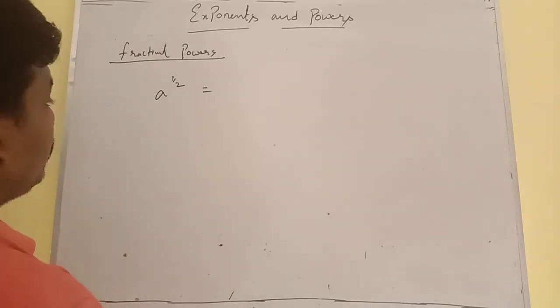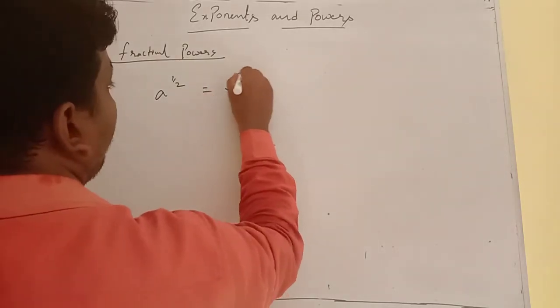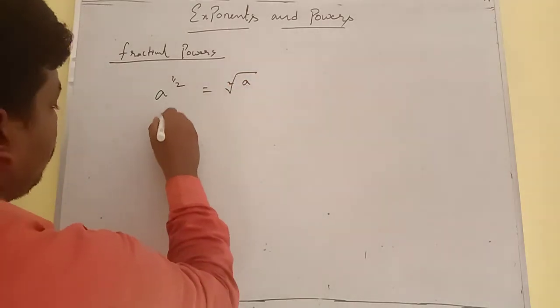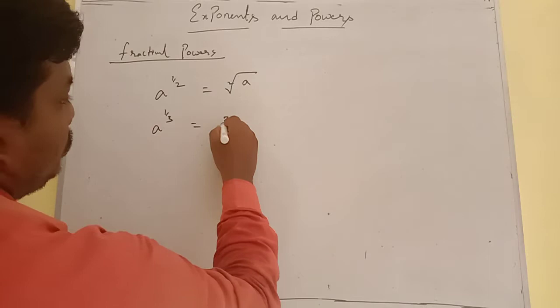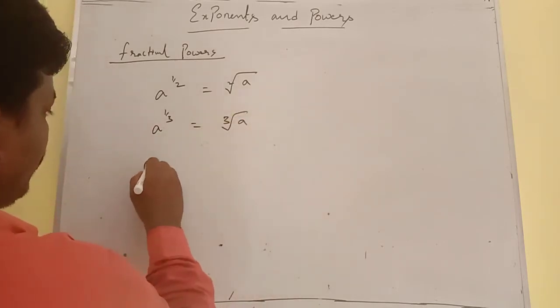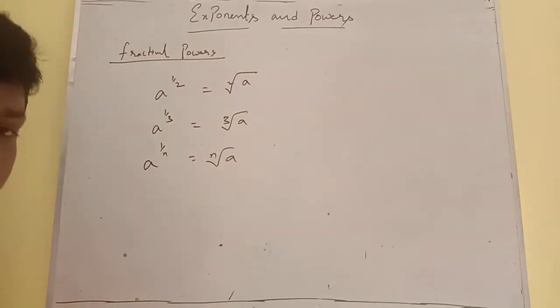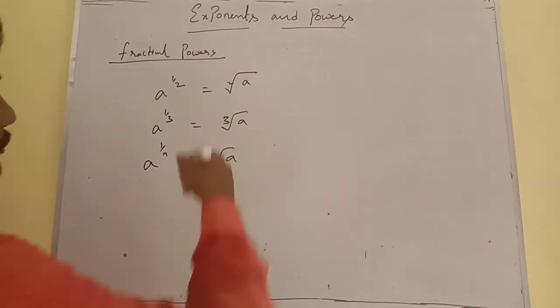When it is a fractional power, it becomes the square root of a. A to the power of 1 by 3 is the cube root of a. So a to the power of 1 by n can be written as the nth root of a. This is called fractional powers.